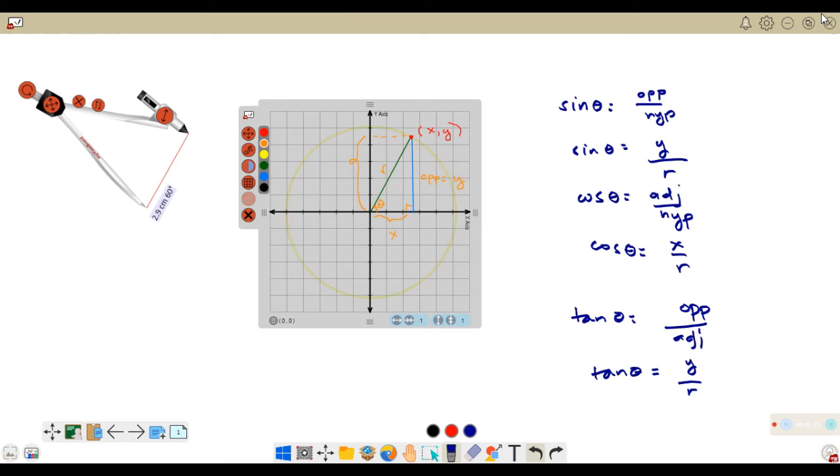So ito lang yung mga properties na sinusunod natin. Or ito lang yung mga formula na ginagamit natin if our angles are plotted in the Cartesian coordinate plane.